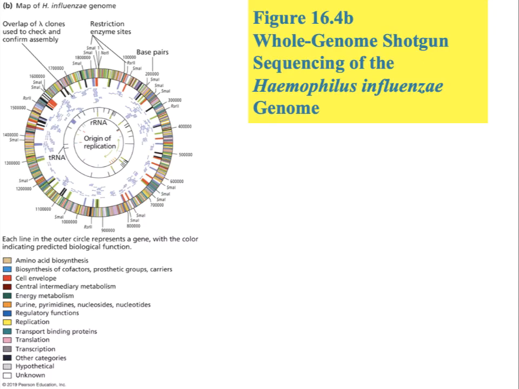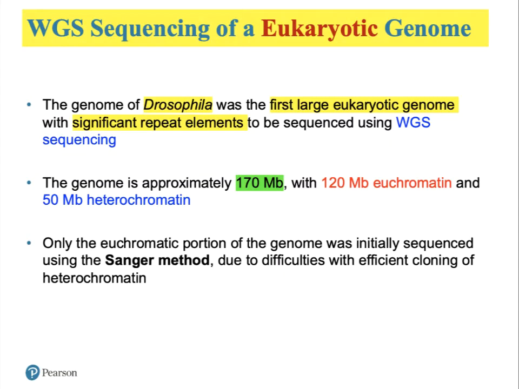Since we're talking about repeats making it difficult to sequence DNA, the very first eukaryotic genome with a significant number of repeats to be sequenced was from the fruit fly Drosophila. Its genome is 170 million base pairs long, with 120 million base pairs of euchromatin and 50 million base pairs of heterochromatin.